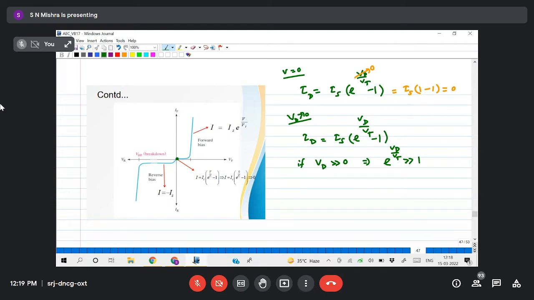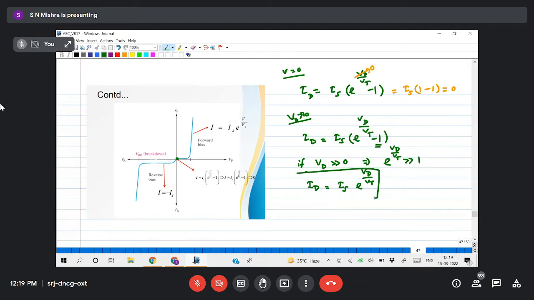When voltage increases, for a high positive value of Vd, the exponential term will be more than 1. So we can neglect the 1. Ultimately, ID equals Is e to the power Vd by Vt, ignoring the 1.